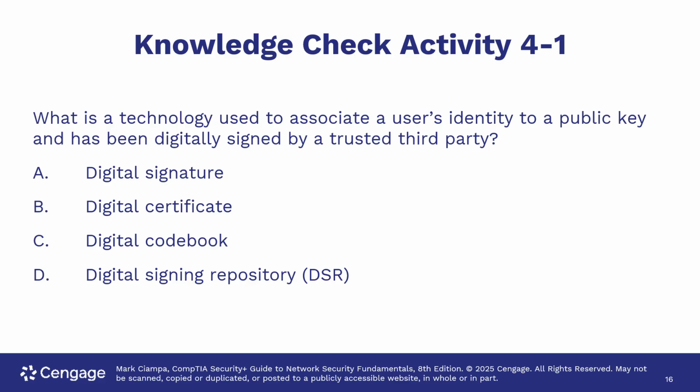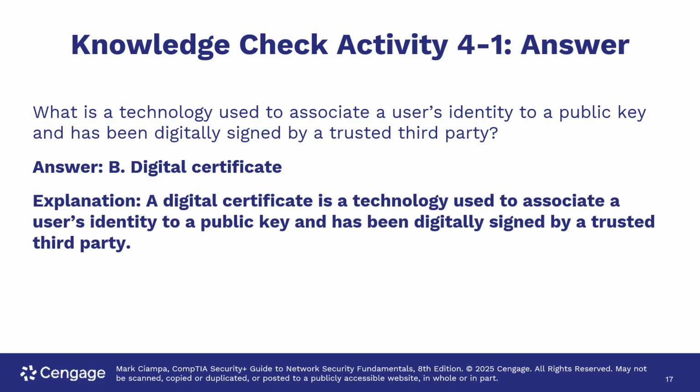Looking at these, if we look from the bottom, D would probably not be it because that's a repository. C is probably not going to be it because that's not one of the things we talked about. It's going to be either A or B. And when you think about that, to be able to associate a user's identity to a public key is probably not going to be A. More likely it's going to be B, digital certificate.